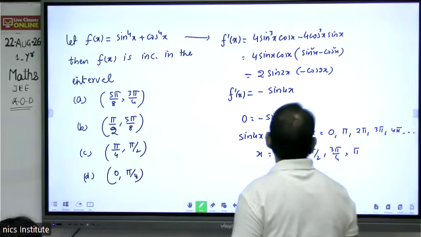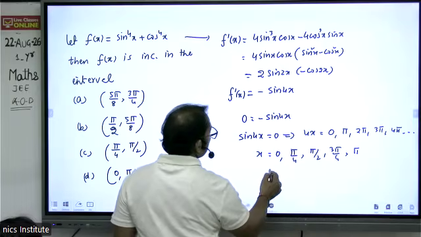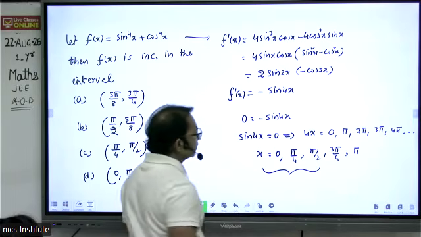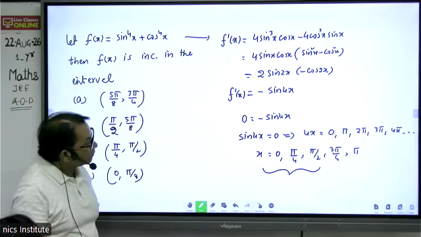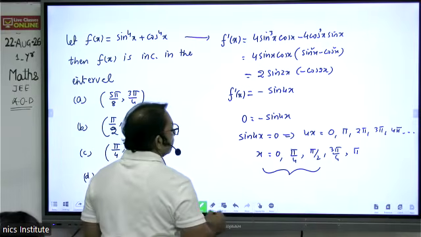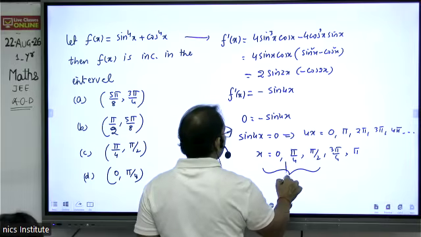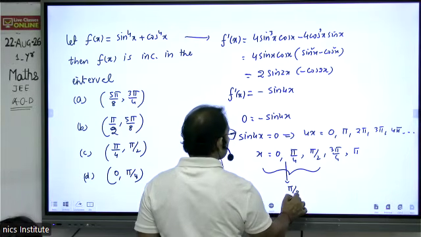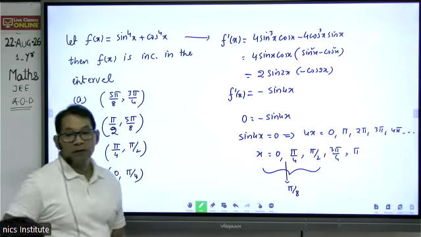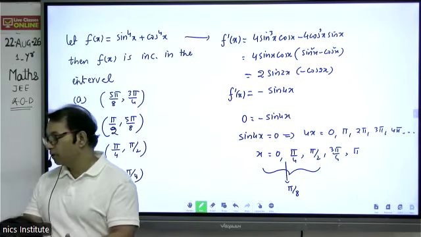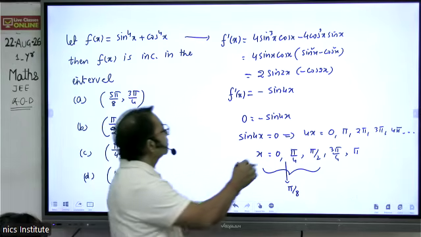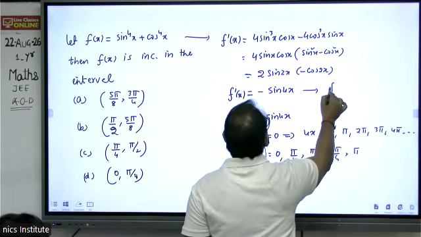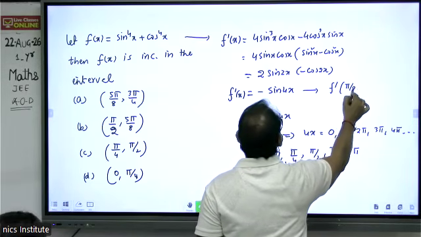So I think we can take these intervals. Between 0 and pi by 4, if I take pi by 8, substitute in the derivative, f dash pi by 8.